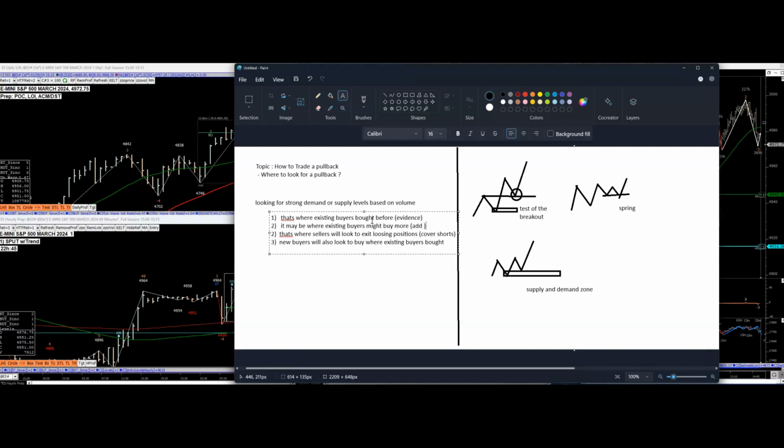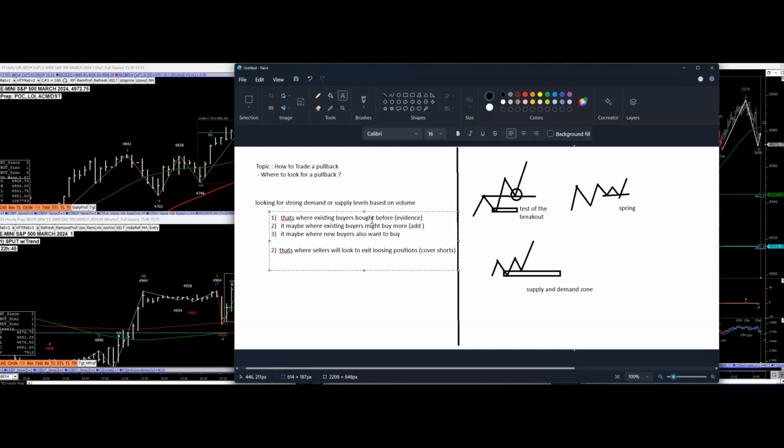Add. It may be where new buyers also want to buy. So these are maybes, right? We know a fact is that existing buyers bought. We know that they may want to add to the position. We also know that new buyers may also want to get in on the action.